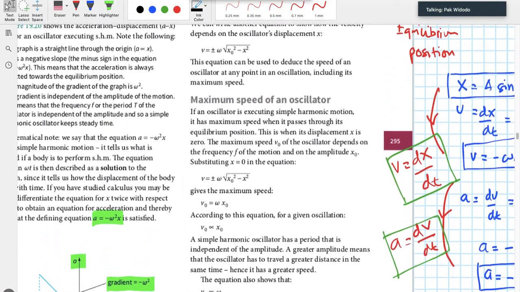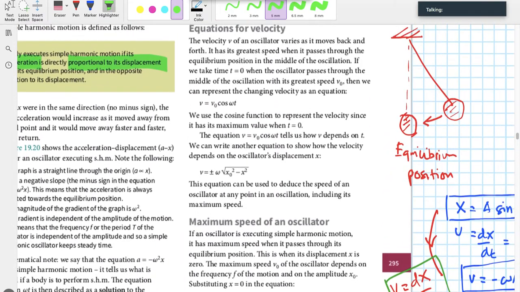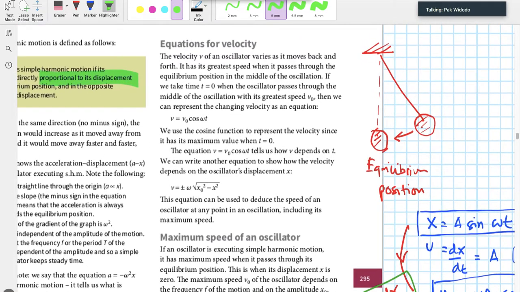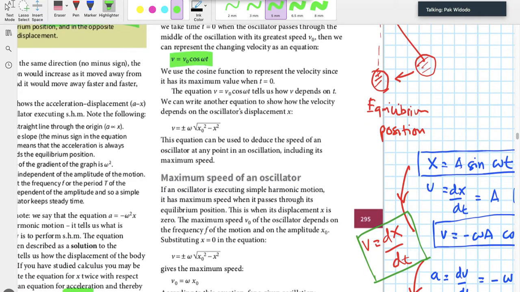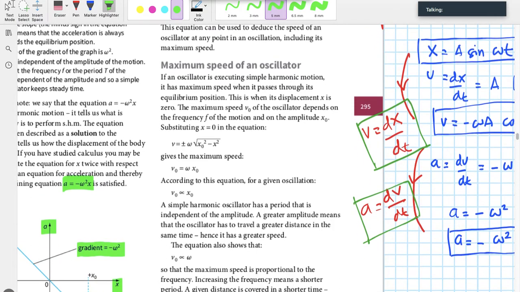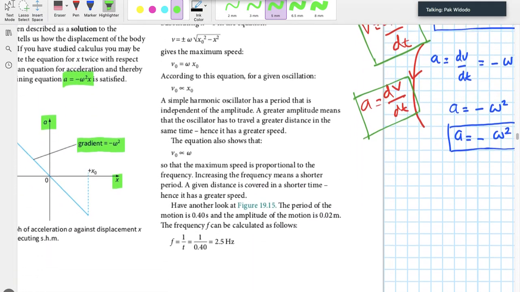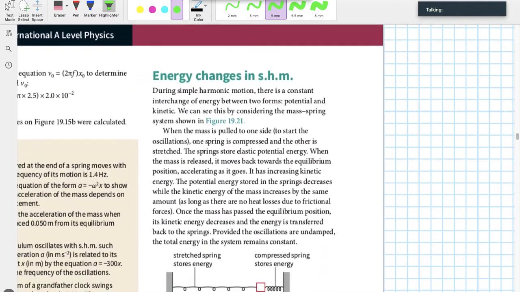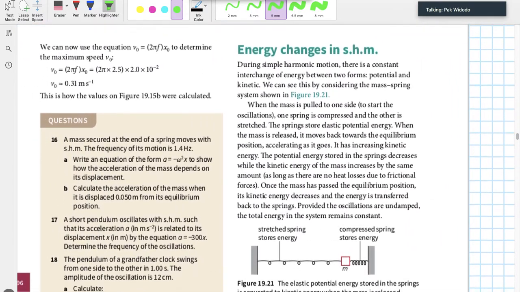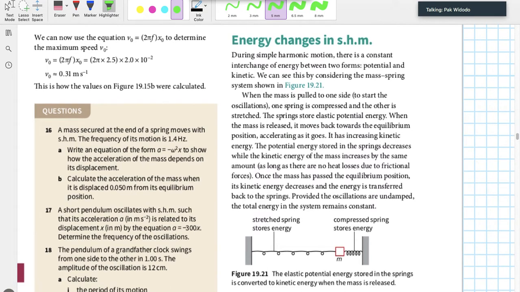Okay. This is where I differentiate from x here, and then we also have another equation.